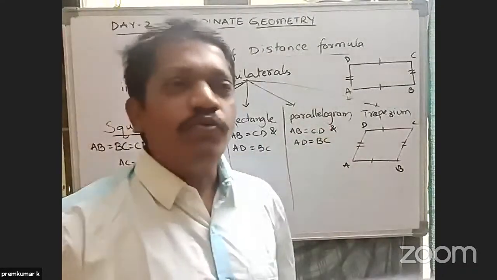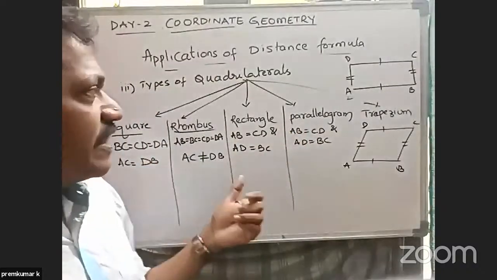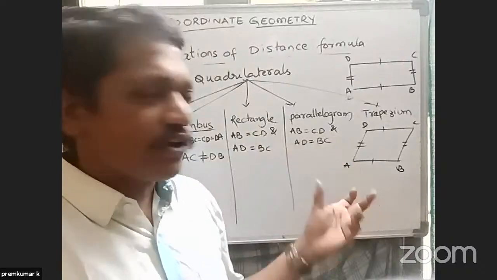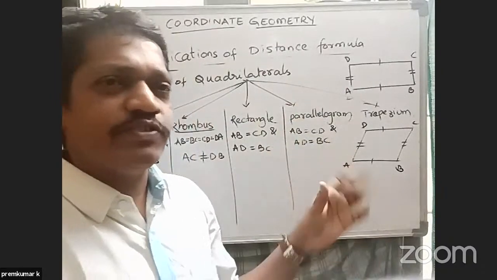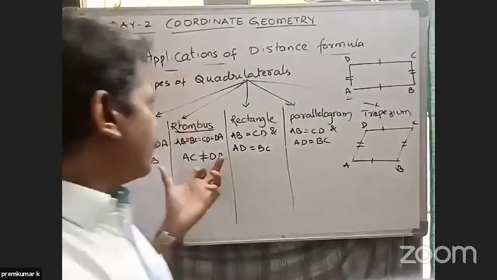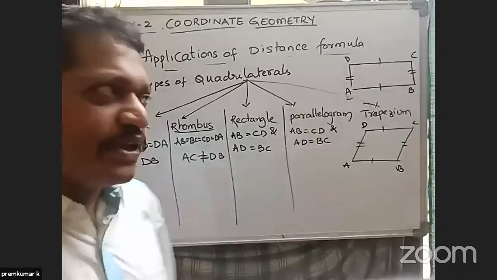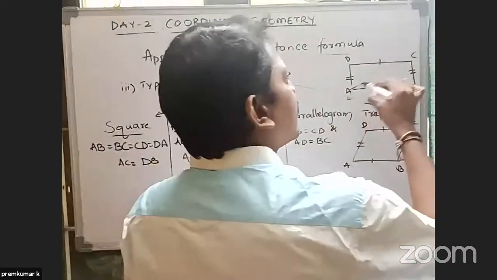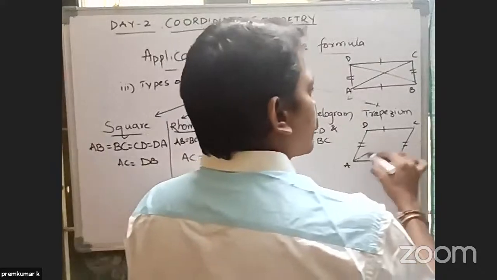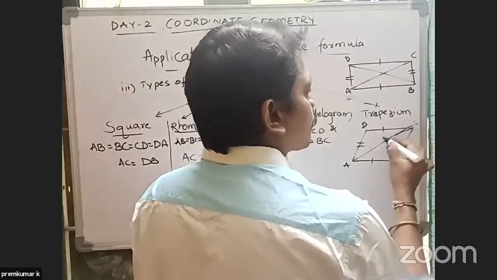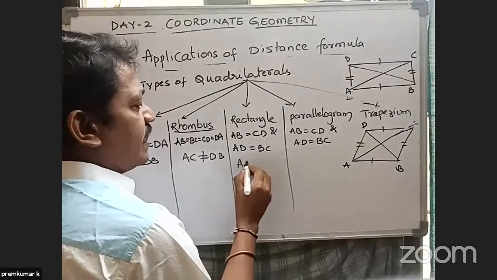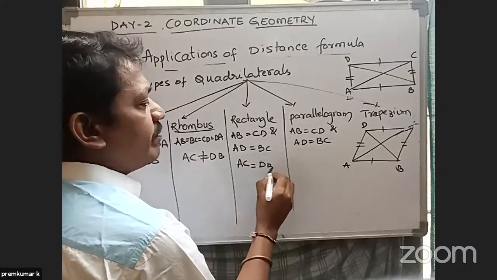Now, how will we clarify whether the given quadrilateral is a rectangle or a parallelogram? These properties are the same. Whatever we do here, we have to do the same here. Now, we have to take the length of these diagonals. Here, AC is equal to DB.